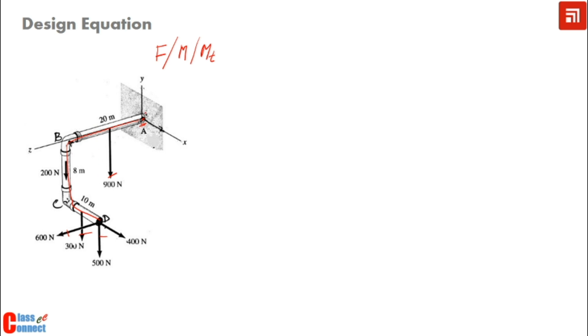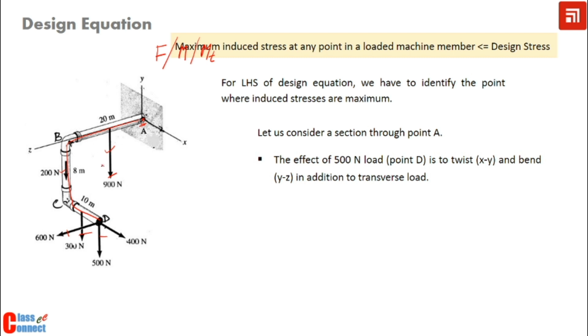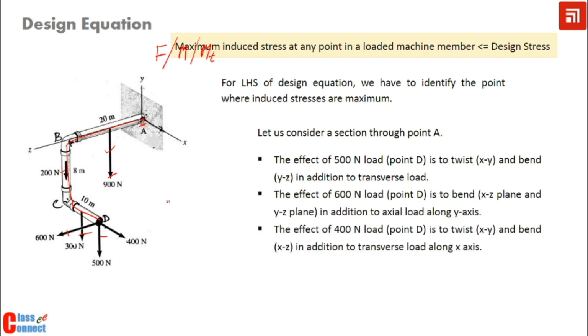So it means that to find out stress at this particular point, I need to find out the value of load at this particular point. And there is no direct load acting at this particular point. So for loads which are acting away from this point, we have to find out the effect of all these loads at point A. So we have to find out the effect of all these loads, that is the 500 Newton load at point D, and so on.